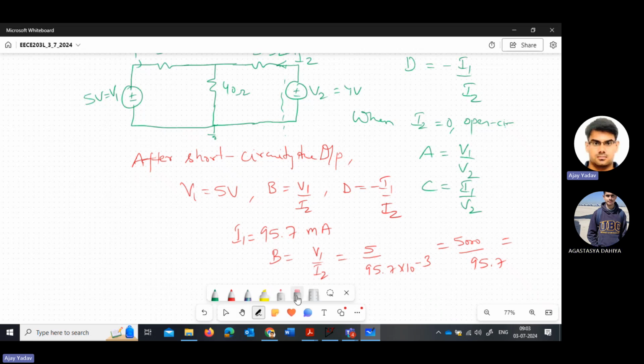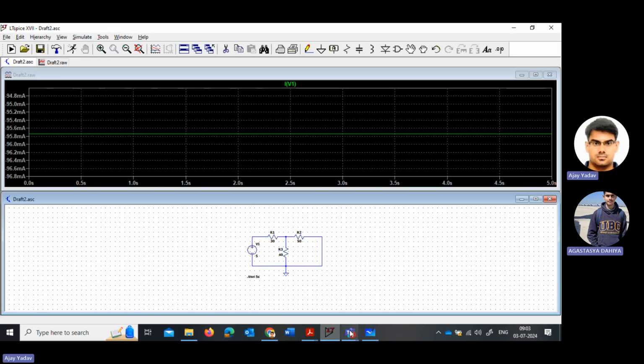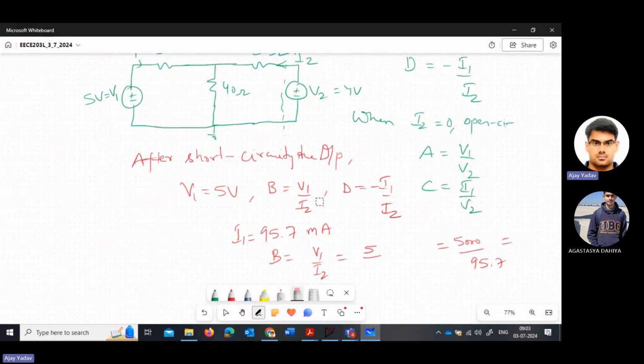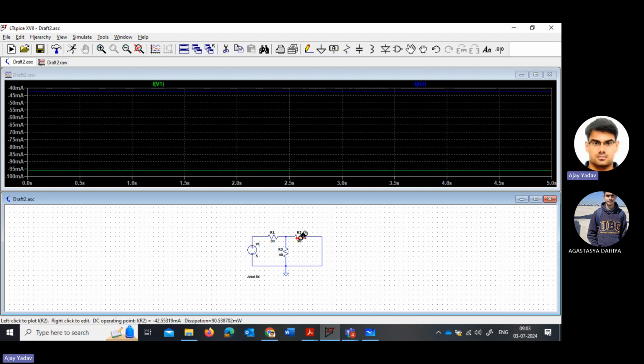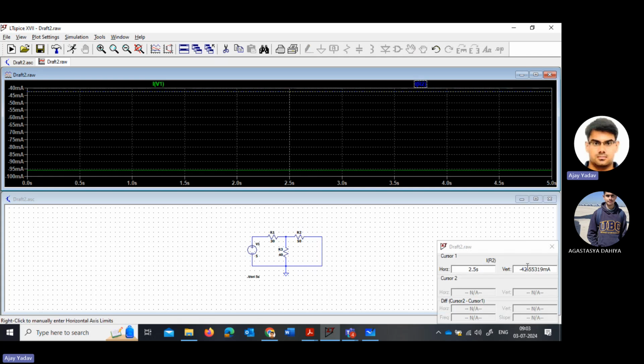Sorry, I made a mistake. We need to calculate the value of I2 for this. So this is I1. So we will calculate the I2 now. If you see in this case, in the circuit, I2 is what? We can calculate directly also. The value of this is coming out to be minus 42.55 milliampere.